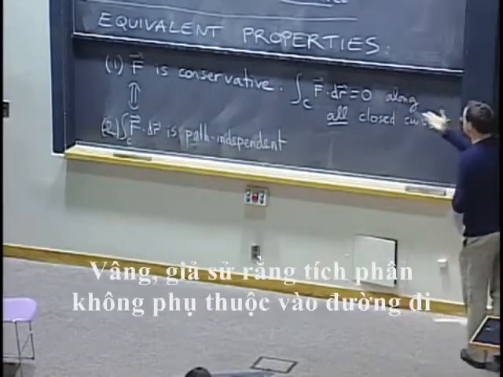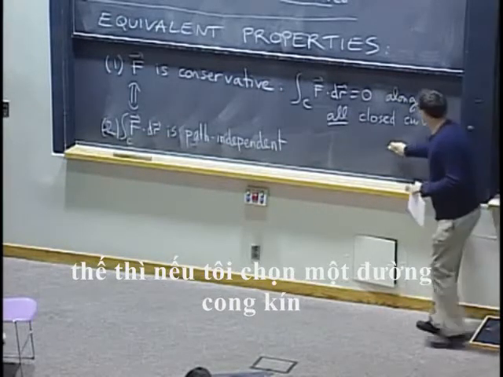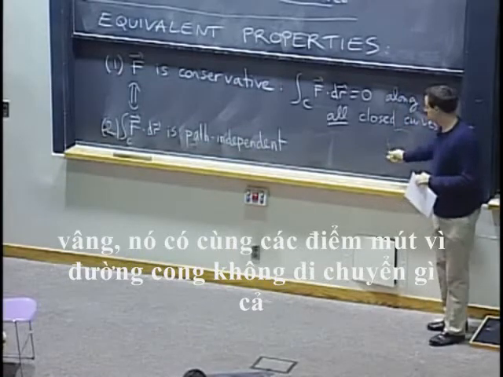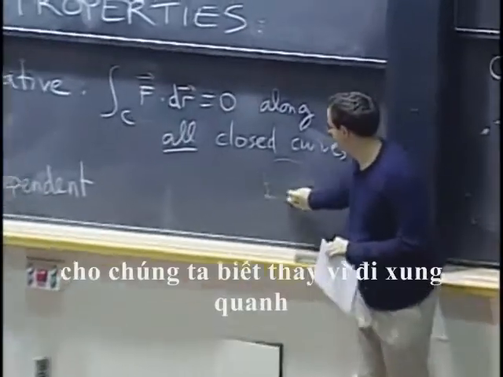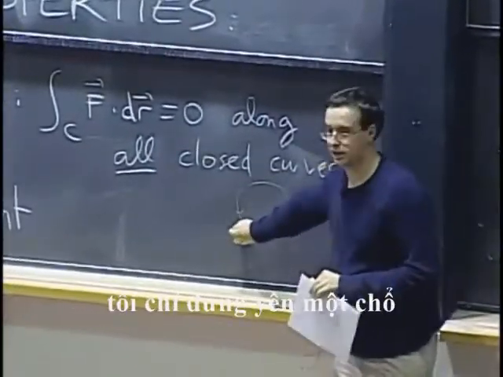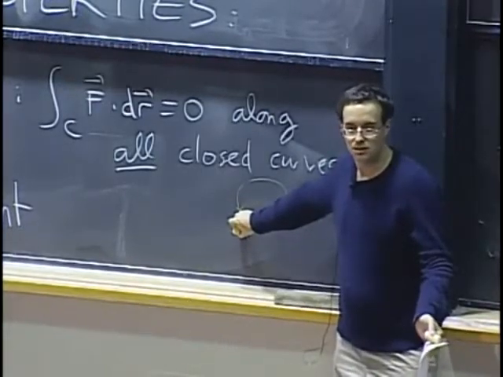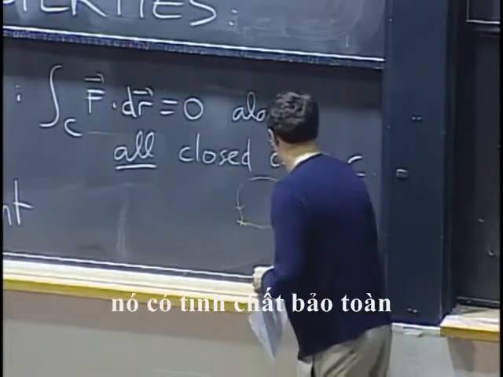Well, let's say that I'm path independent. If I take a closed curve, it has the same endpoints as just the curve that doesn't move at all. So path independence tells me instead of going all around, I could just stay where I am, and then the work would be just 0. So if I'm path independent, then I'm conservative.